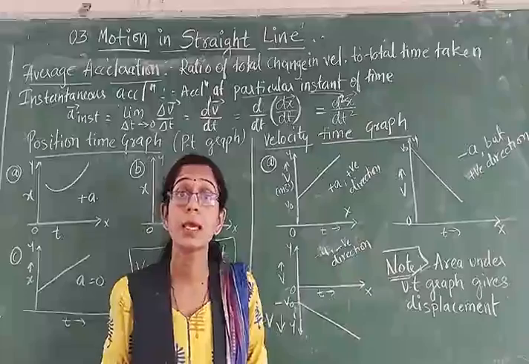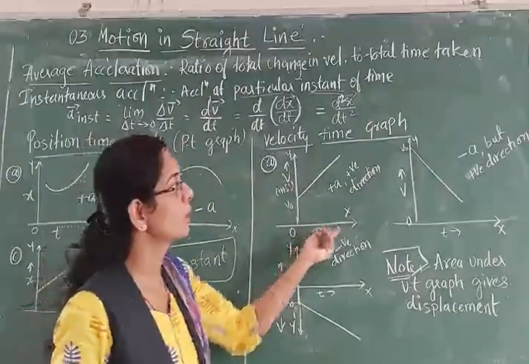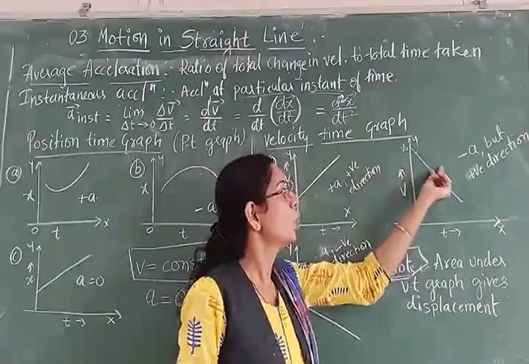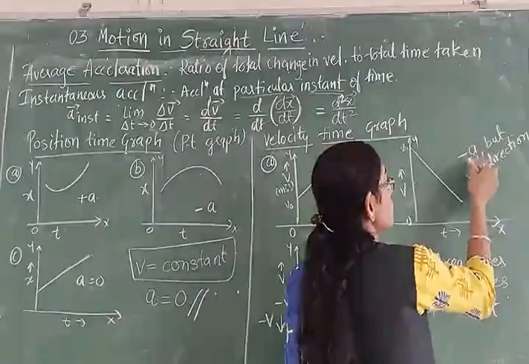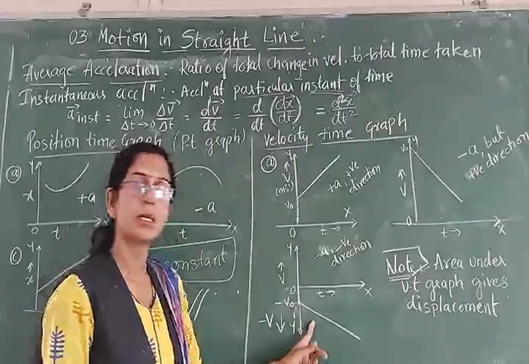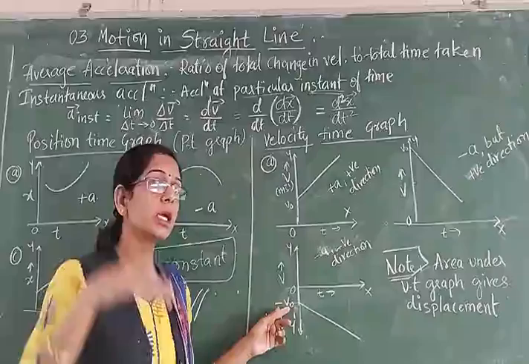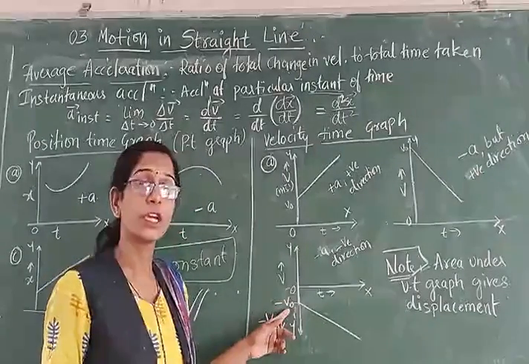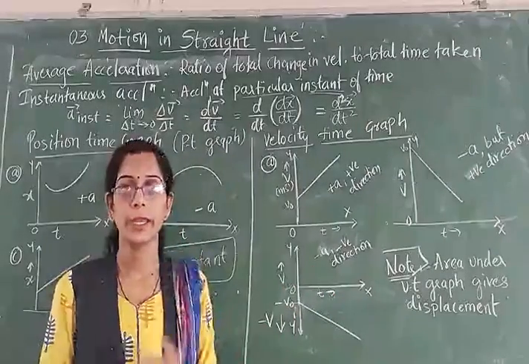In that case, the acceleration of the object is negative. So how do I represent it? The object will have maximum velocity, then slowly the velocity decreases. So here the acceleration is negative. Another example is when the object is moving in a negative direction. The object's motion is again taken along the negative direction. Then also the acceleration will be negative.